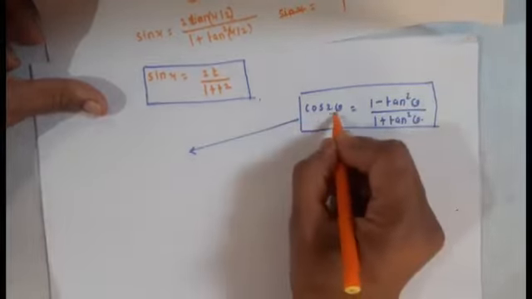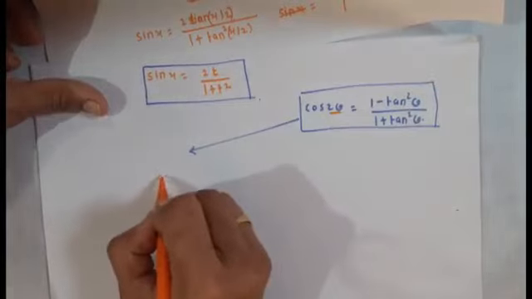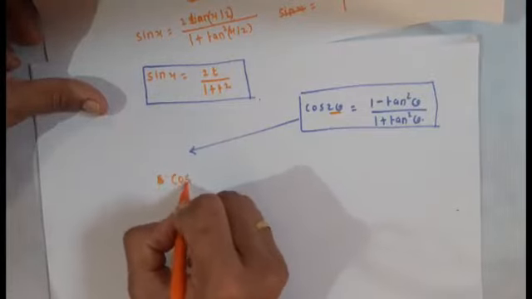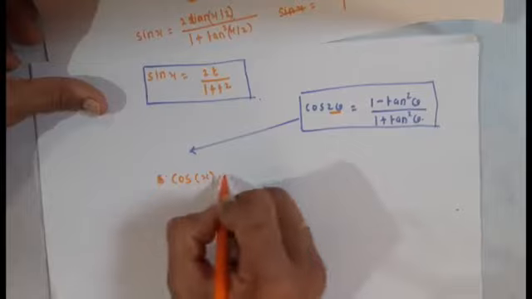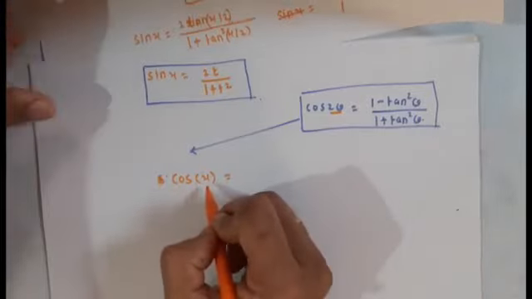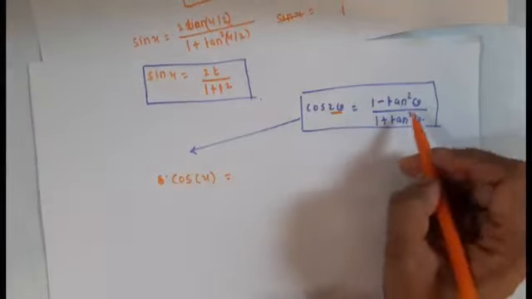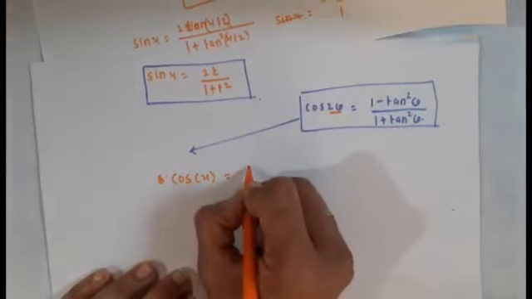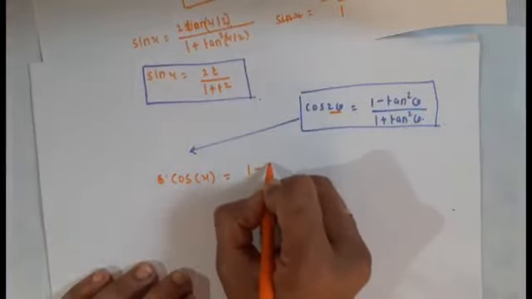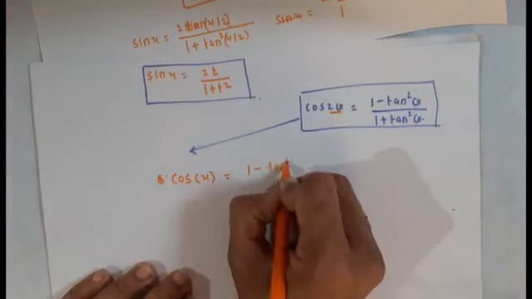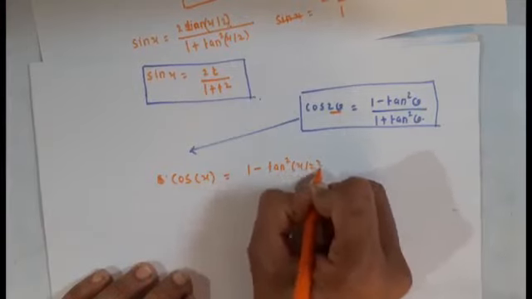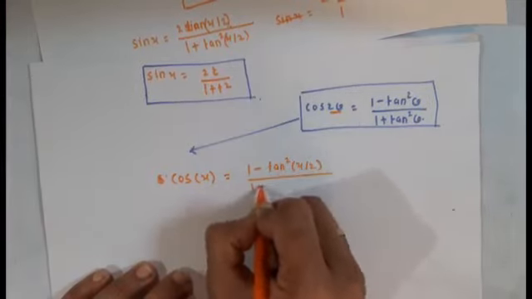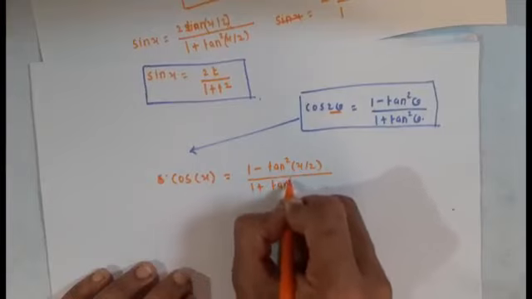Here it is the single angle, cos of x, so instead of theta it will be x by 2. So cos x equals 1 minus tan square x by 2 upon 1 plus tan square x by 2.